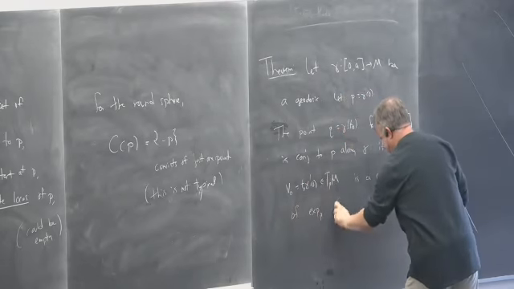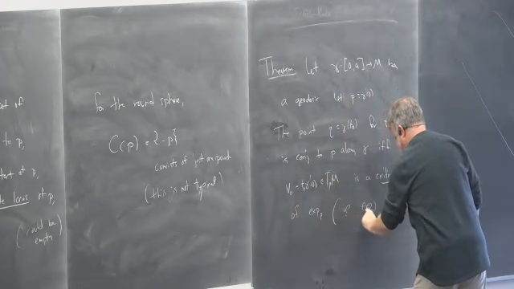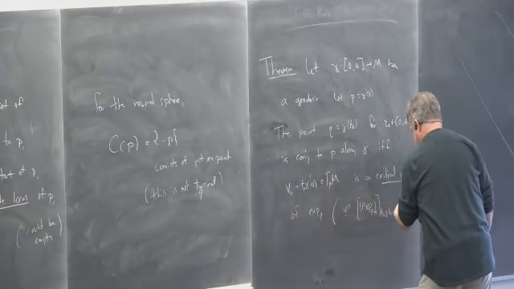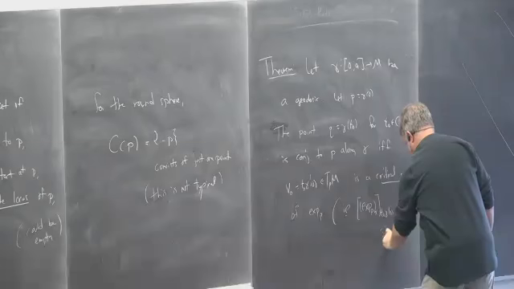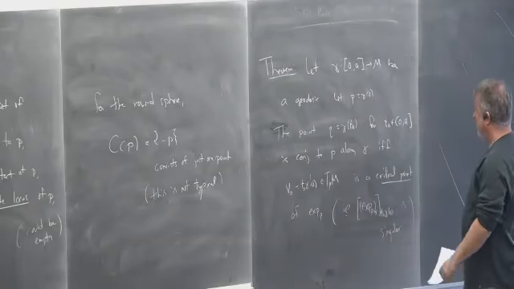That is, XP star at T naught gamma prime of 0 is singular, not invertible. It has a non-trivial kernel.